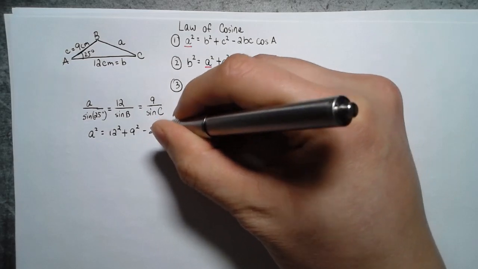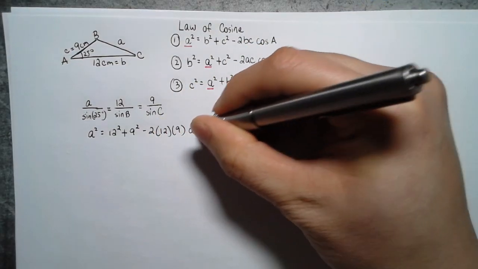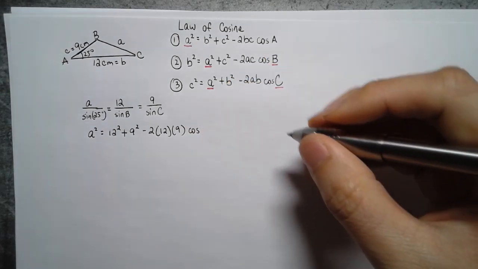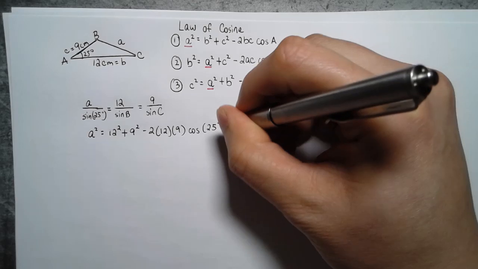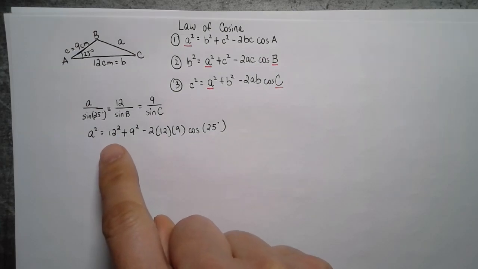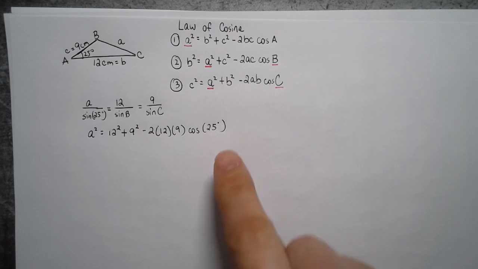Plug in B once more, and C once more. Cosine of angle A, which is 25 degrees. As you can see, nothing is stopping us from actually putting all of this in the calculator.